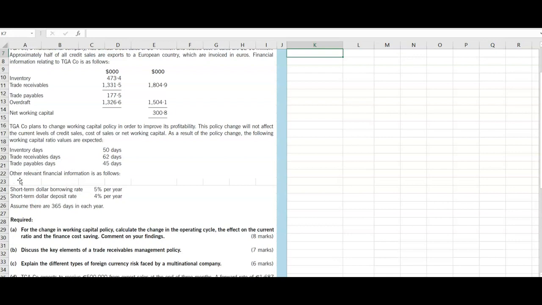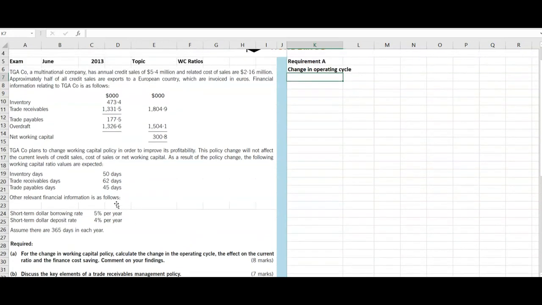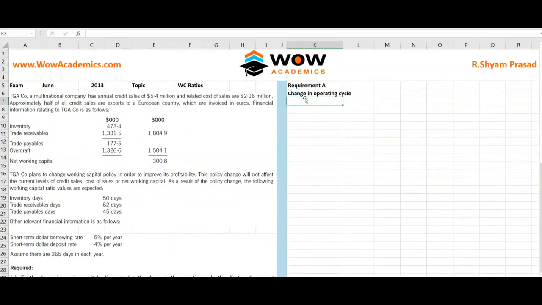They have also given other relevant information: short-term dollar borrowing rate is 5%, short-term dollar deposit rate is 4%, and assume there are 365 days in a year. So first is the change in the operating cycle.